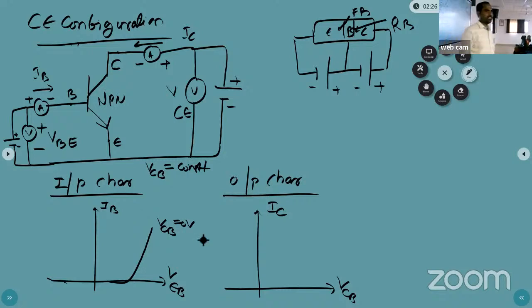Now you can increase the VCB, the collector emitter voltage. Now you can keep the collector emitter voltage at 2 volts. Then what will happen?